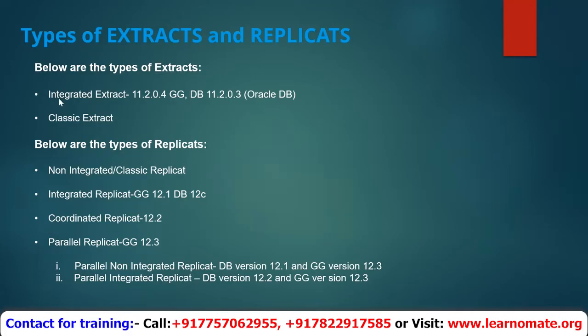So the existing extract, which is there since beginning, was renamed to classic. So the confusion comes because of this classic term, which exists both in architecture as well as type of extract. But you have to understand one thing. Classic is nothing but traditional one. By classic here, if I have to justify Oracle's naming convention, I would say that classic means it's the traditional one or the first one which was there when GoldenGate was introduced.